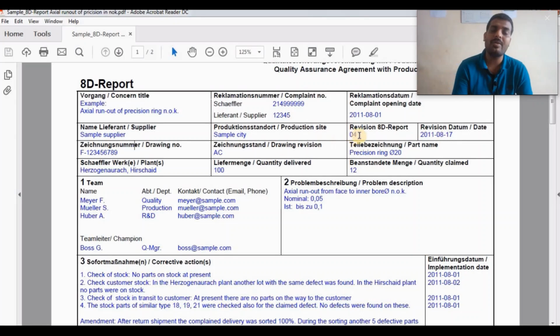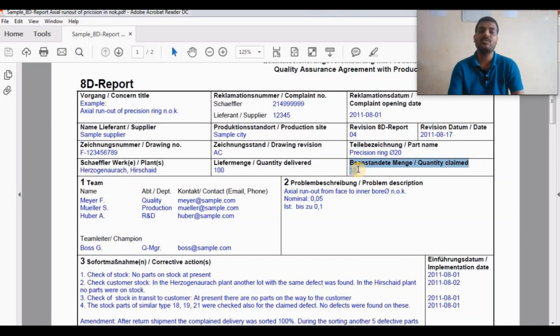Then you have to mention the drawing number of that product, or if any alteration is there, the alteration number. Then the part name, as well as how many components were delivered and out of that how many they are claiming as defective. This primary knowledge you should have in the D0 phase, that is the planning phase.